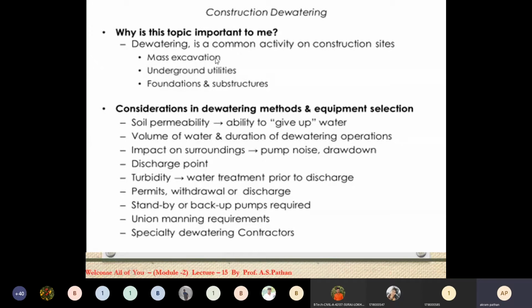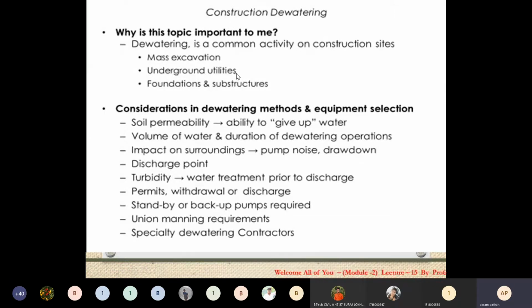In the case of mass excavation, for high-rise building foundations, or when we excavate the foundation for bridge piers, there will be a possibility of water at the construction area. So in the case of mass excavation, this dewatering process is very important.